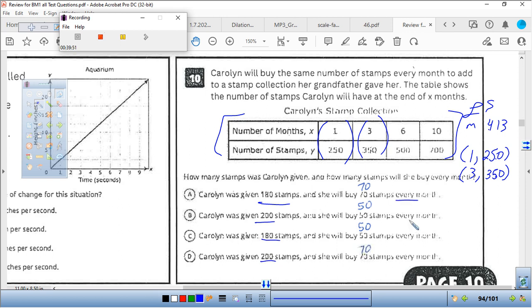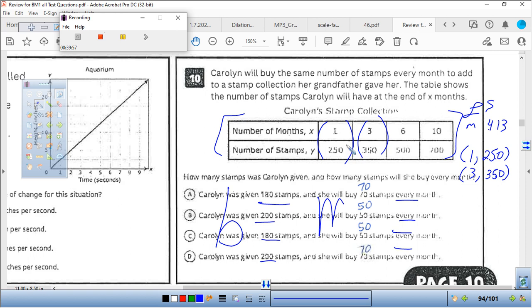Every. Okay, so these are your b's that happen once, and these are your m's. So make sure you can find your m's, your 70 or 50, and then your b's. That's pretty easy. It's a joke question.